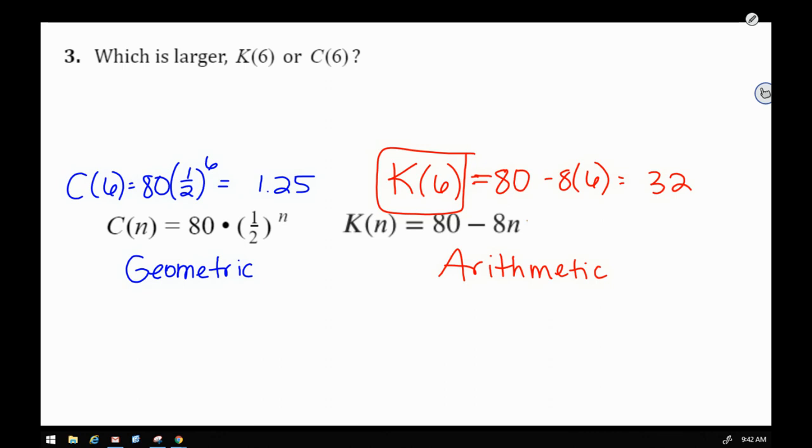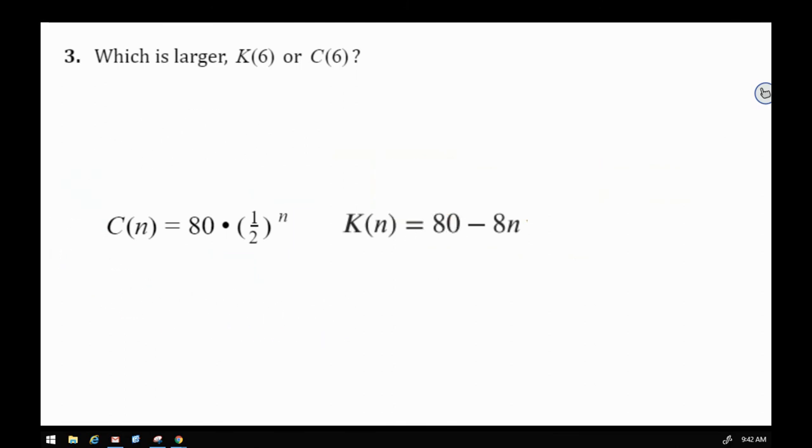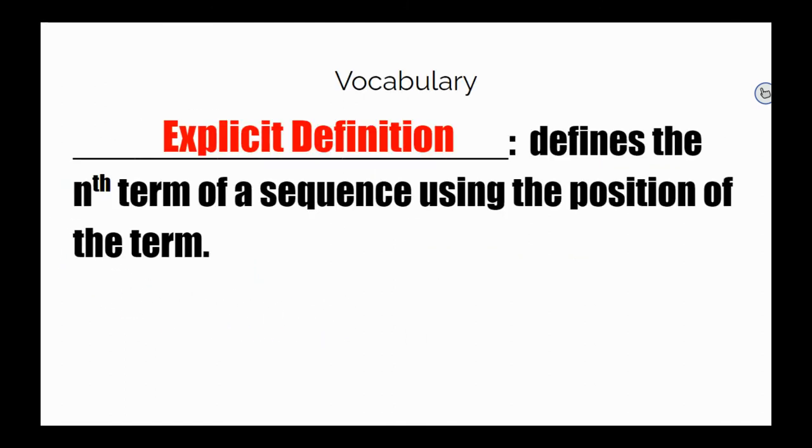Whenever it looks like an equation like this, it's what's called an explicit definition. An explicit definition defines the nth term of a sequence using just the position of the term. You want to use an explicit definition if you're trying to find a term way down the line.